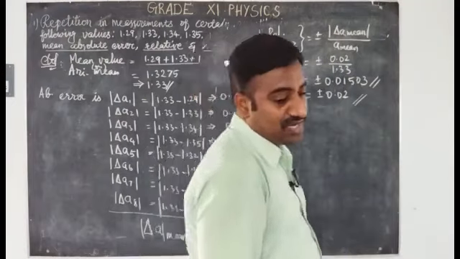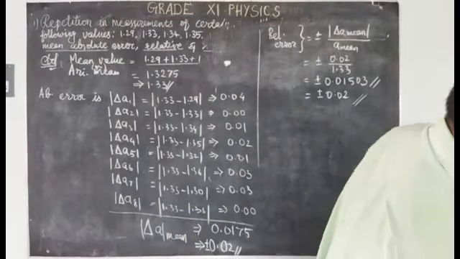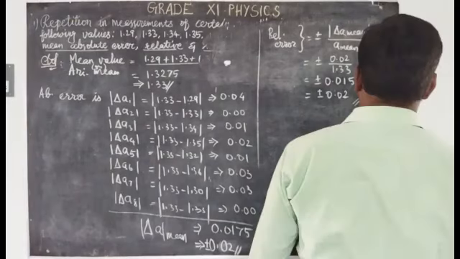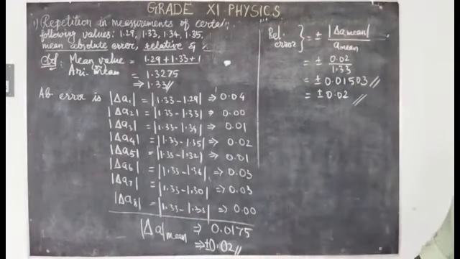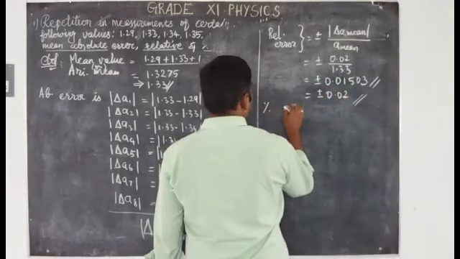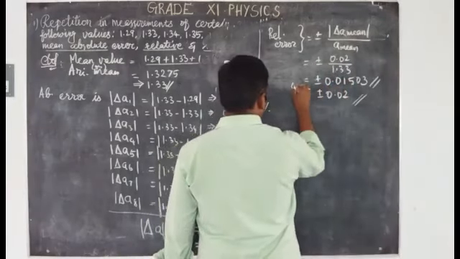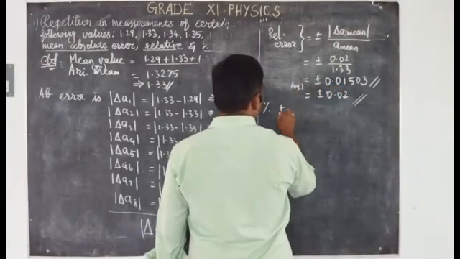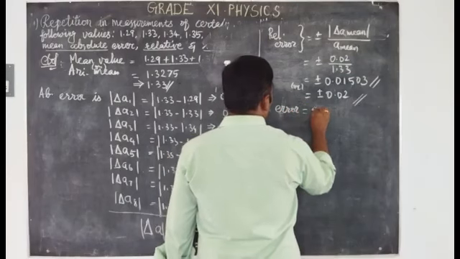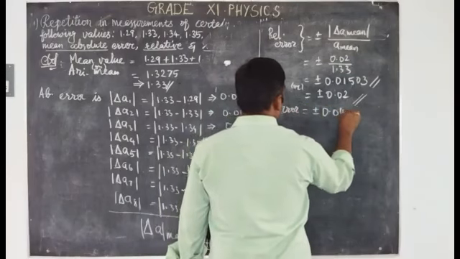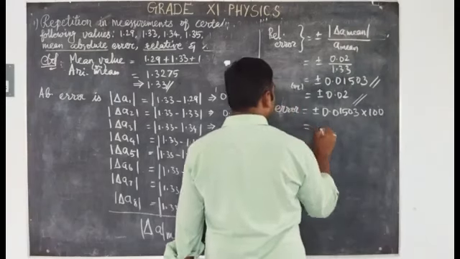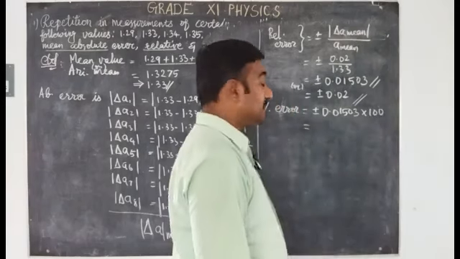The relative error you need to represent in percentage. So the percentage error is the answer in percentage. What is the percentage error? Percentage error is nothing but the relative error times 100. The relative error is plus or minus 0.01503, multiplied by 100.